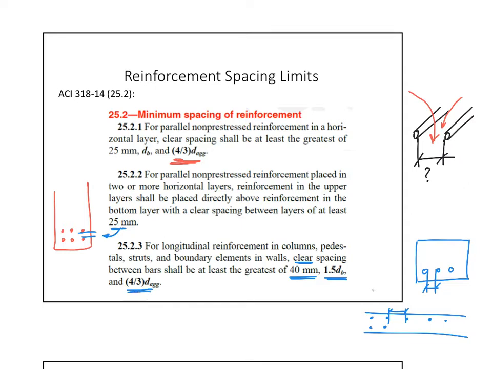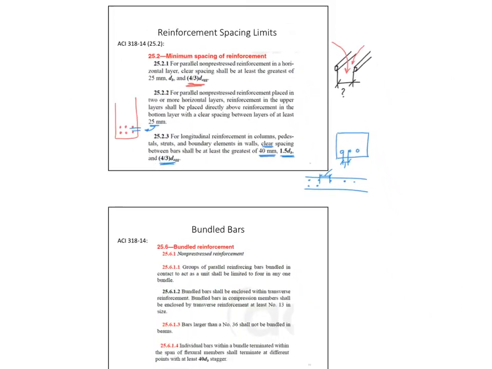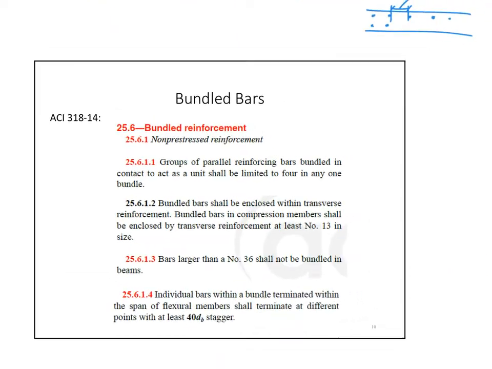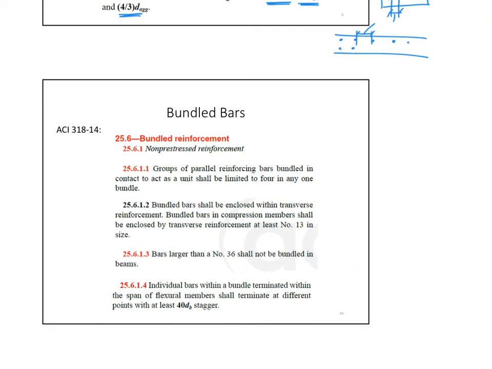Okay, so I have a minimum spacing here between the bars in the columns, in the vertical elements, or in the walls as well. Now, bundled bars is another way to increase my size of diameter while at the same time keeping good spacings between them. What do you mean by bundled bars? Remember, if I have a lot of reinforcement within one column, if I have so much reinforcement like this, I might end up having very small spacing.